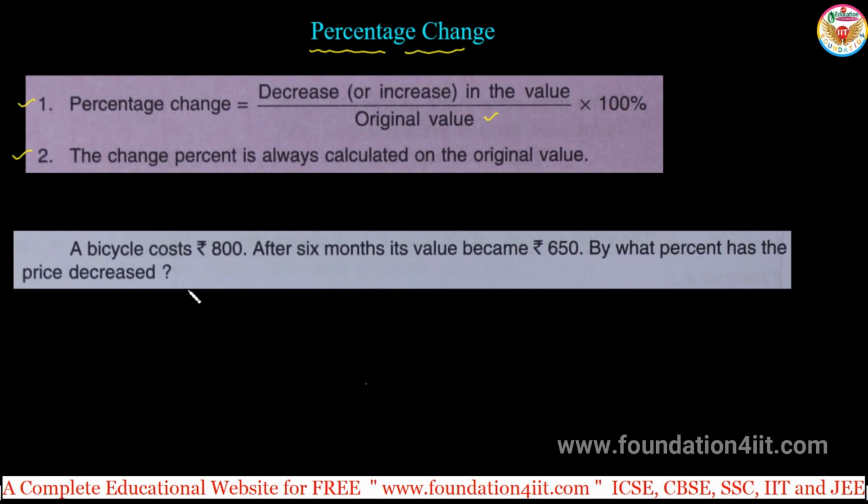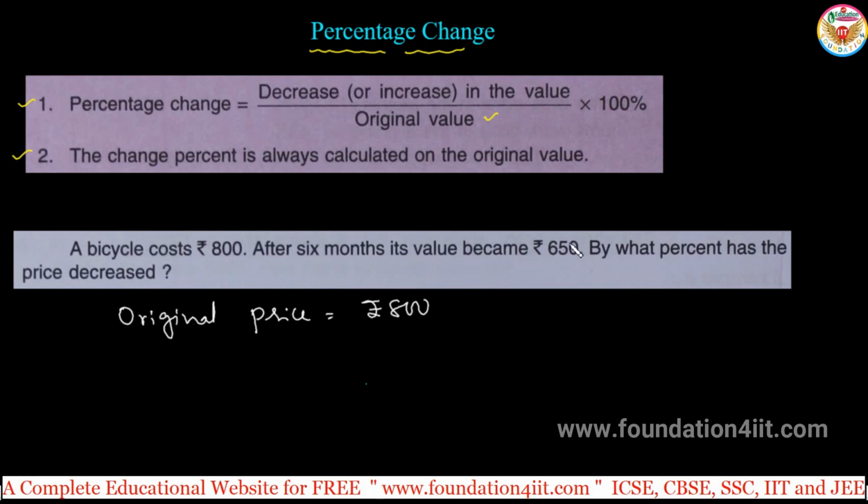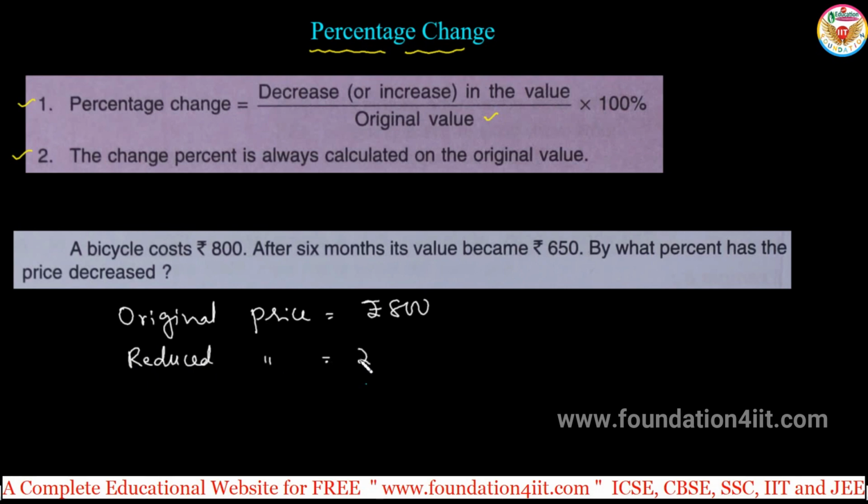The original price is given in the question. So the original price is rupees 800. Next, the reduced price is 650, because after 6 months its value became 650. That is reduced. So the reduced price is rupees 650.